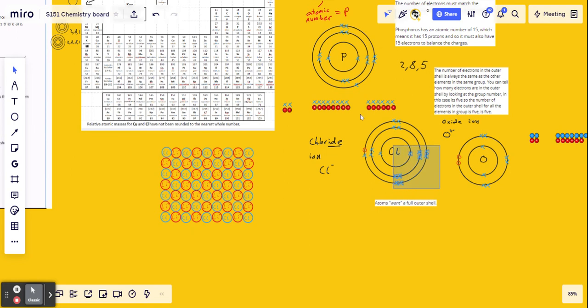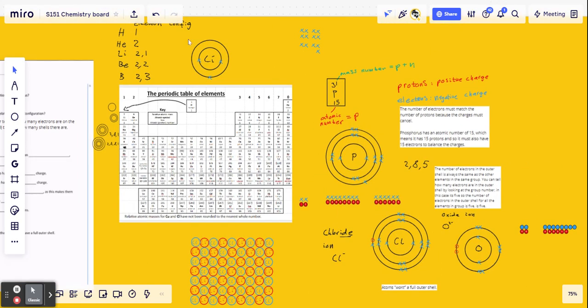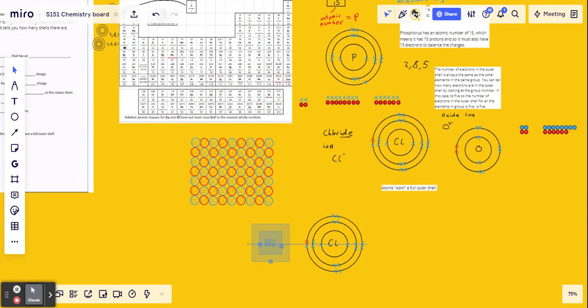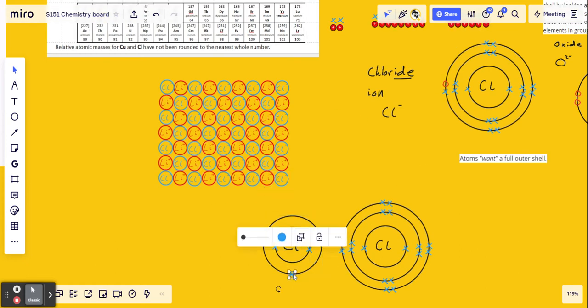We already know that the chloride ion is going to look like that, and the lithium ion, well, I haven't quite drawn it, have I? But we know that the lithium ion will look like this, but without that electron there and without that shell. So we know that the lithium ion is positive. We know the chloride ion is negative.